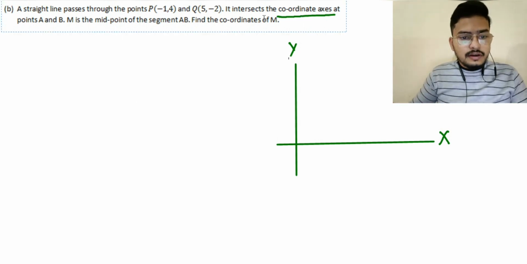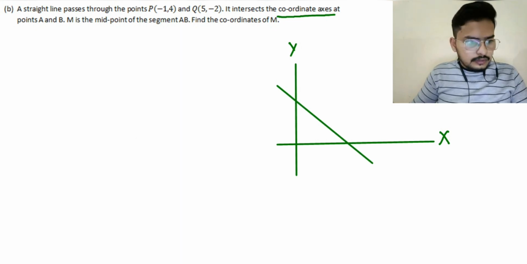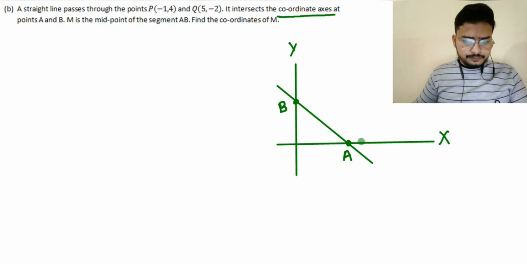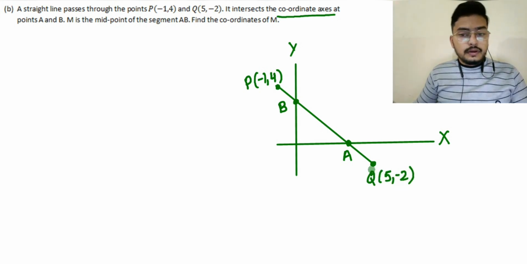So it means the straight line is intersecting the x-axis and y-axis at points A and B. The straight line is something like this, intersecting the x-axis at point A and the y-axis at point B. This straight line is passing through the point P, let's suppose -1 comma 4, and through the point Q, which is 5 comma -2, right?